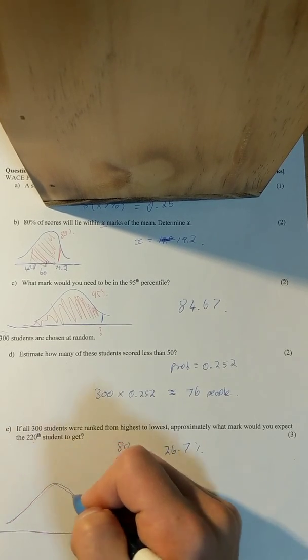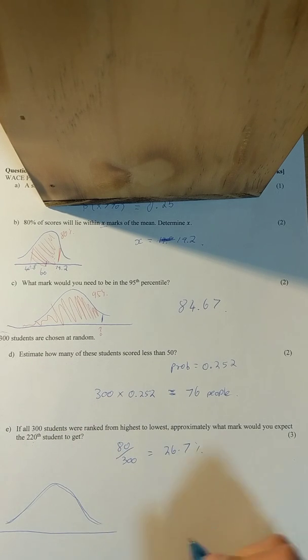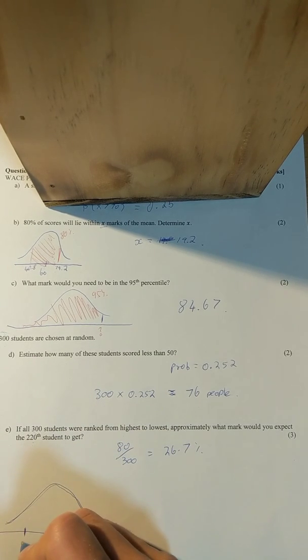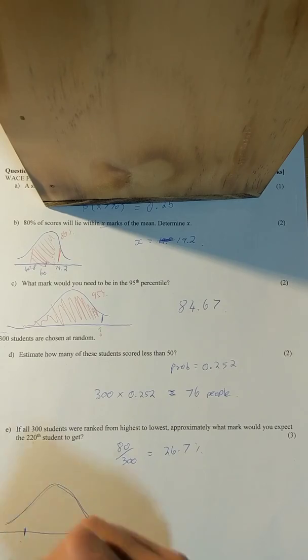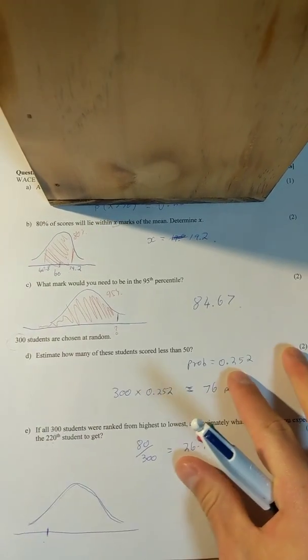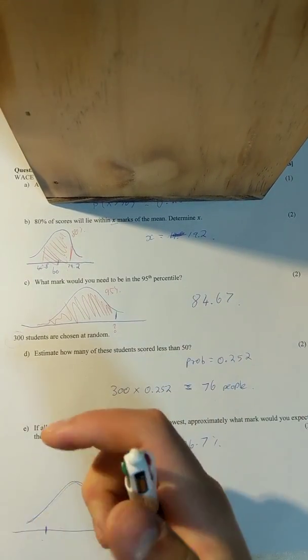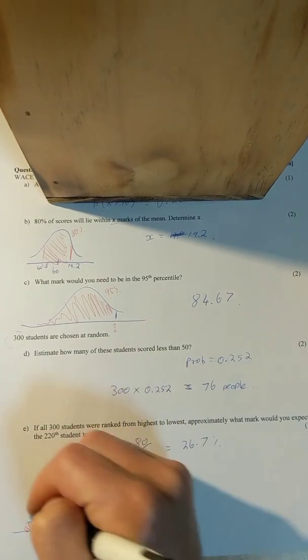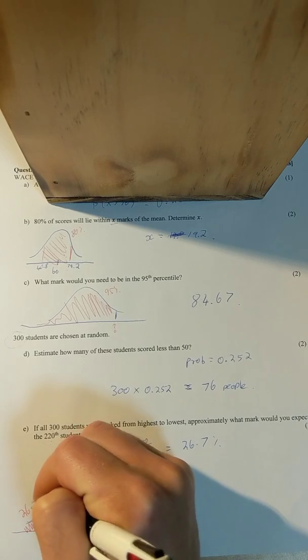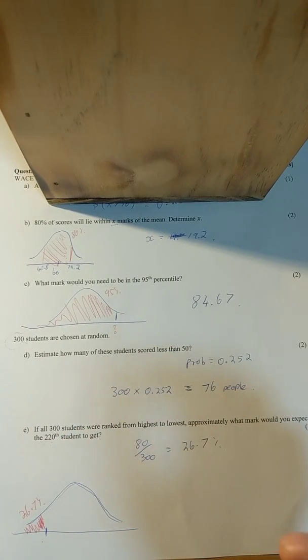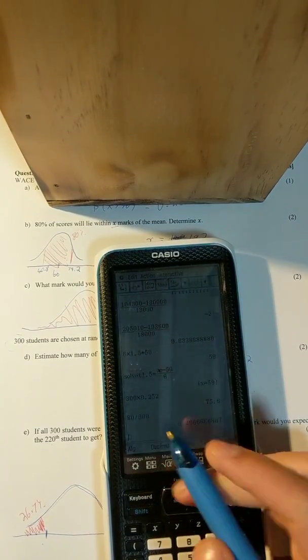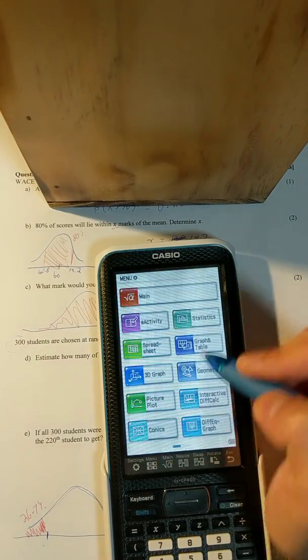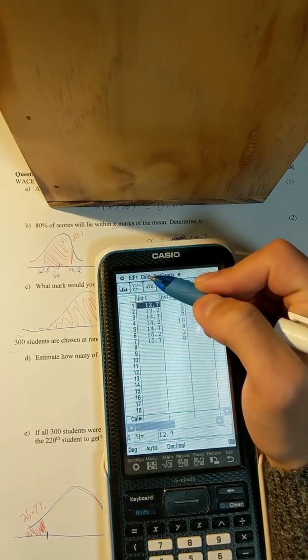So that 220th student has beaten 26.7% of the 300 students. So if this is my distribution, and this here is my 220th student, then the red area off to the left here, that I am going to shade, contains 26.7% of the students. So for that, we're going to need an inverse distribution.